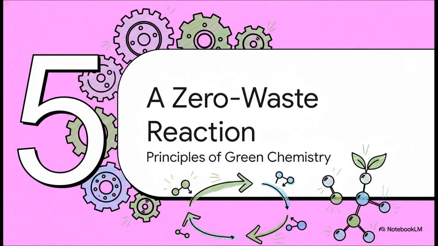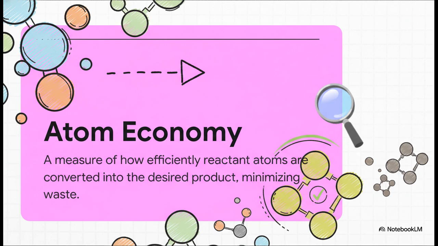But what if we could get closer to a perfect reaction? What if we could design a process that wasn't just efficient in its yield, but also in its use of every single atom? This is the core idea behind a whole field called green chemistry. The key metric here is called atom economy, and it asks a really simple question. Of all the atoms you put into a reaction, what percentage of them ended up in the useful product?